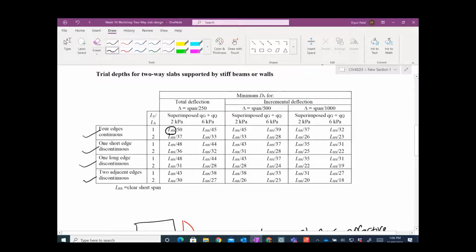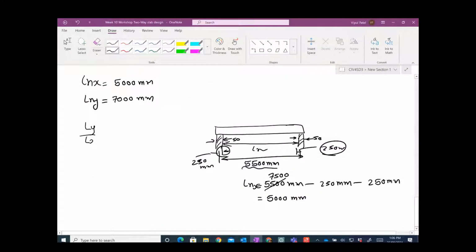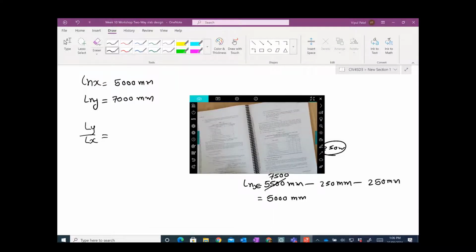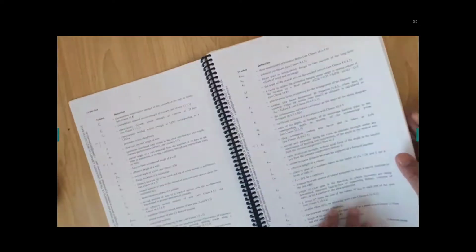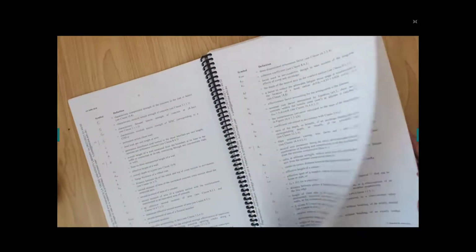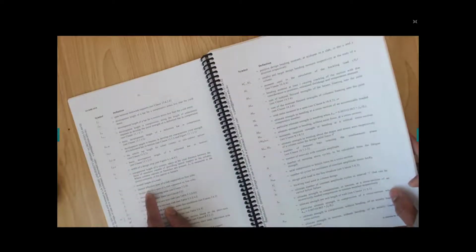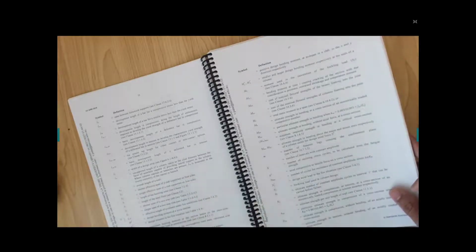Now, how do you find ly on lx? I can show you the definitions. Ly is the longer effective span of the slab supported on four edges, and lx the shorter effective span. And what is effective span, by the way?